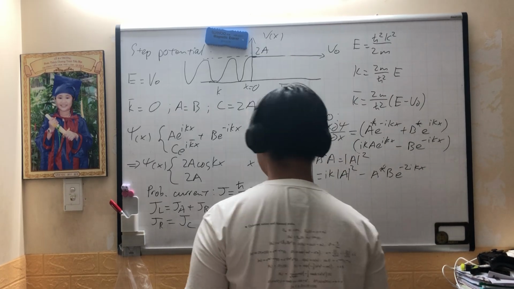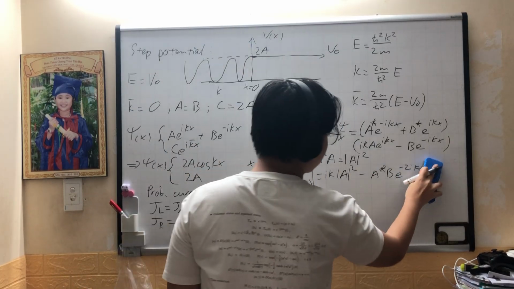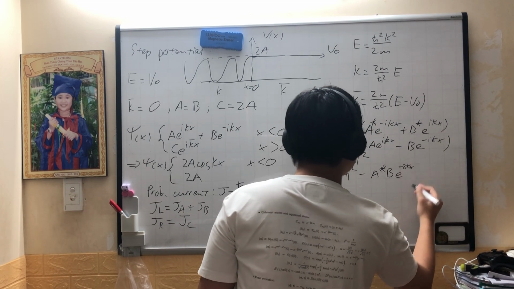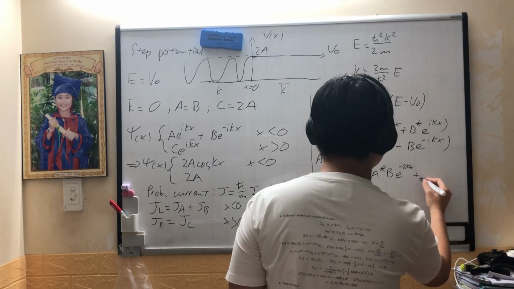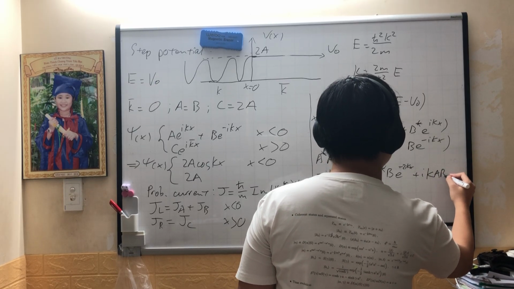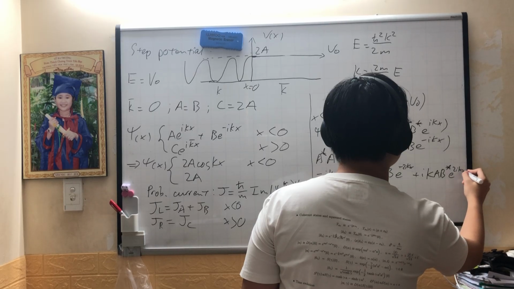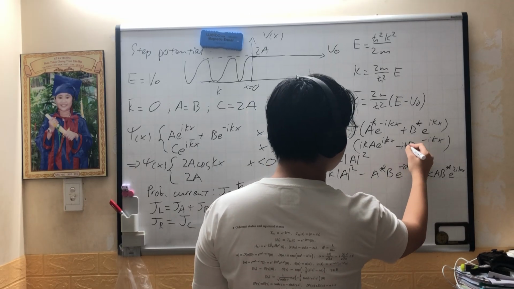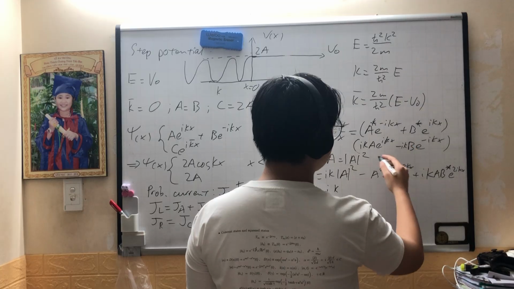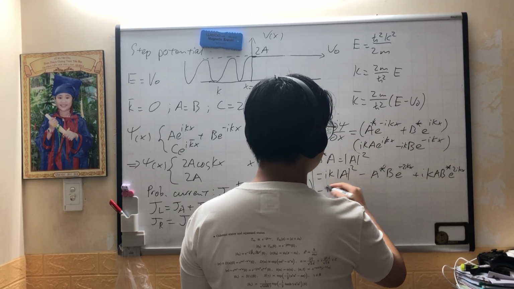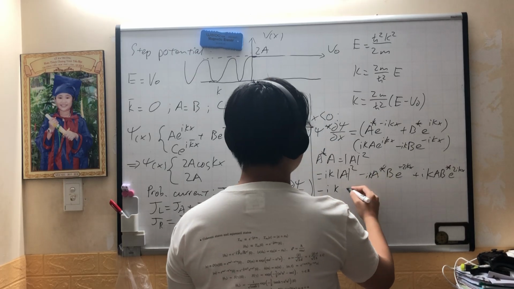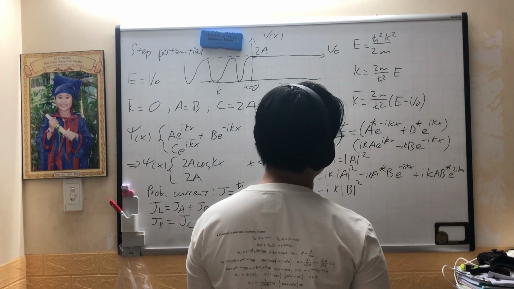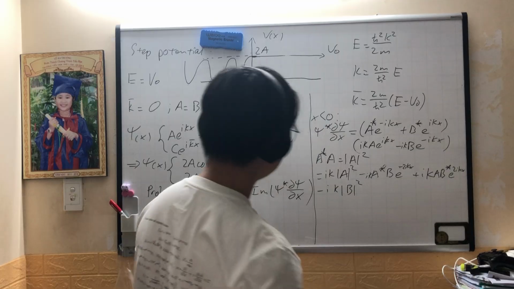Next is plus ik A B star e to the 2ikx. The last term is minus ik, and this term and that cancel out, so that will be the absolute value of B squared.